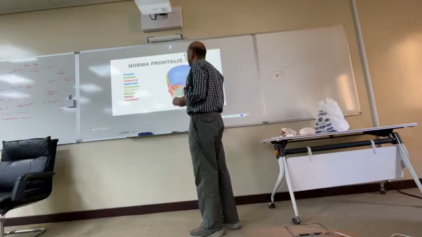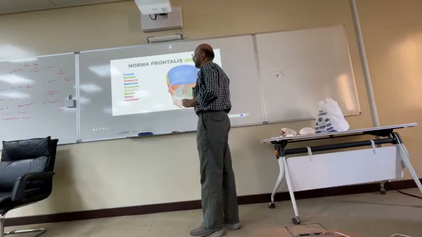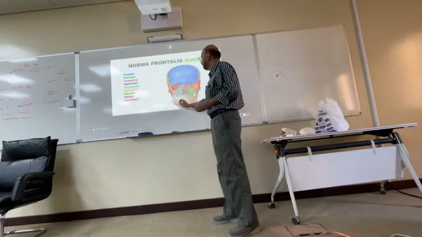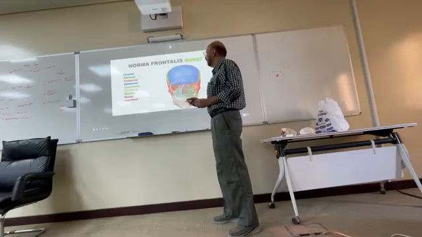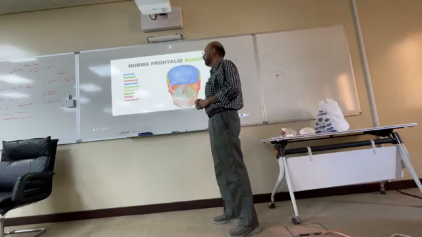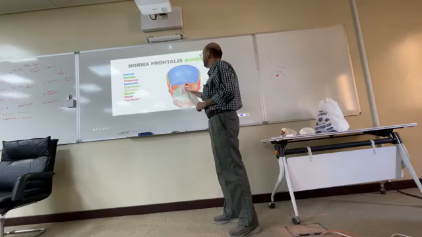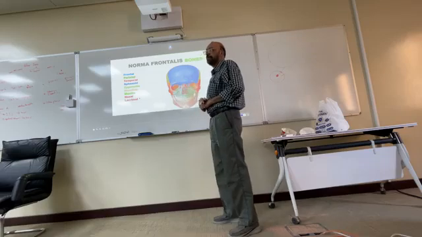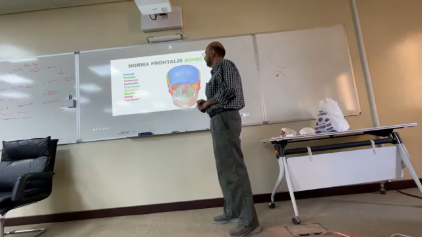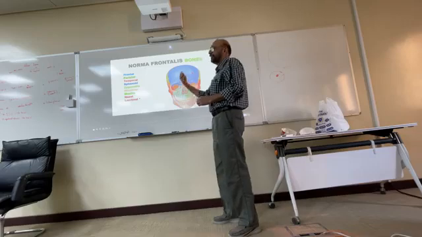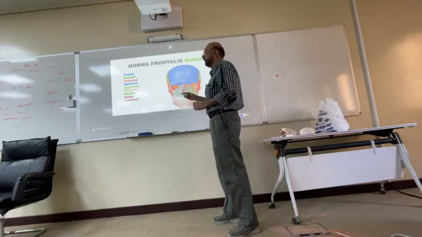Then we have zygomatic, this one. Then we have mandible, here. Then we have maxilla, here. Then we have nasal, one nasal, another nasal. Then we have lacrimal. Just go to the side of the nasal, you will find the lacrimal here.